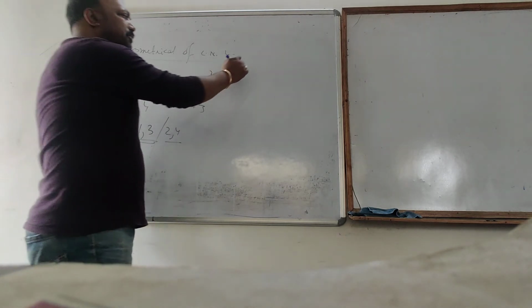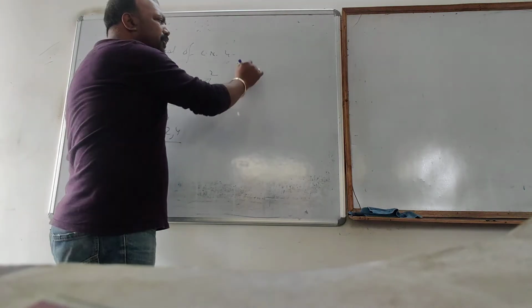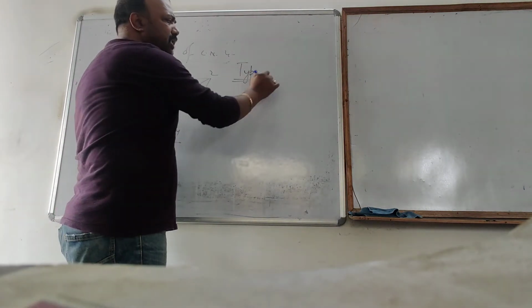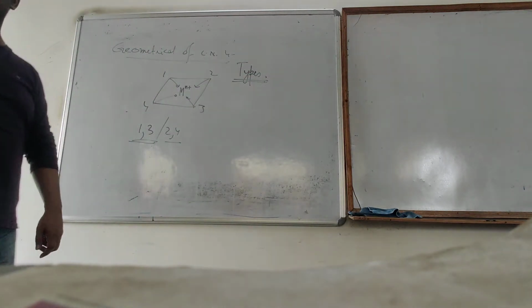Now, which types of complexes show geometrical isomerism in square planar, coordination number 4?